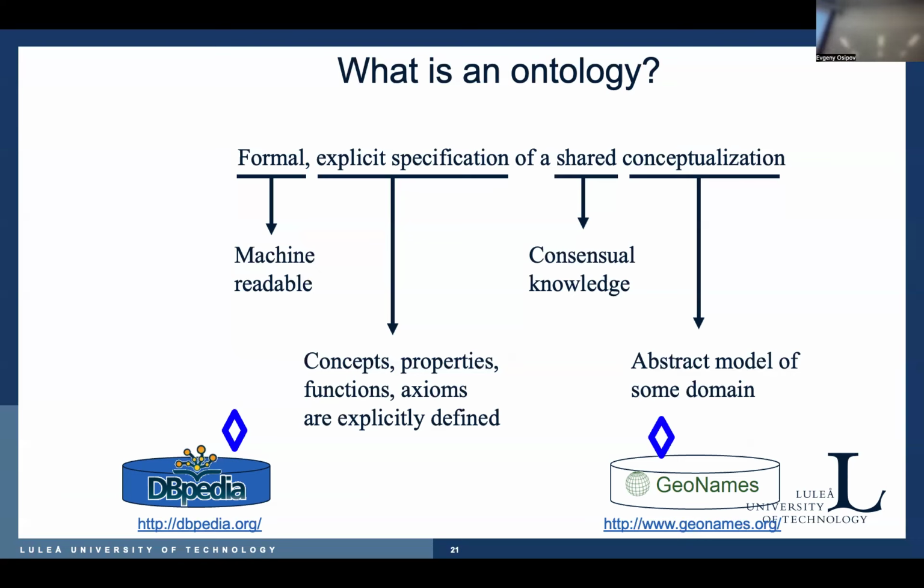Formal means that it is machine readable. Explicit specification means that somehow you need to extract the concepts, properties, axioms, and explicitly define the framework.